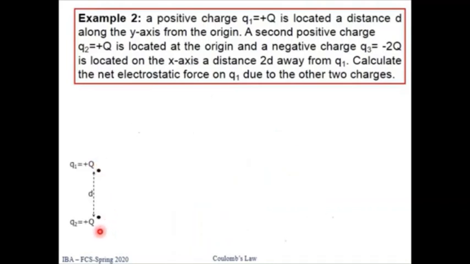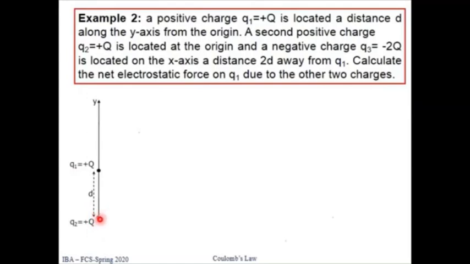Let me place the given charges on their locations. Q1 is given in the problem at a distance d above the origin on the y-axis. So I have placed Q1 here, and Q2 is placed at the origin.